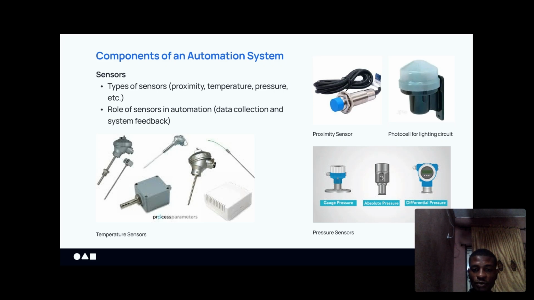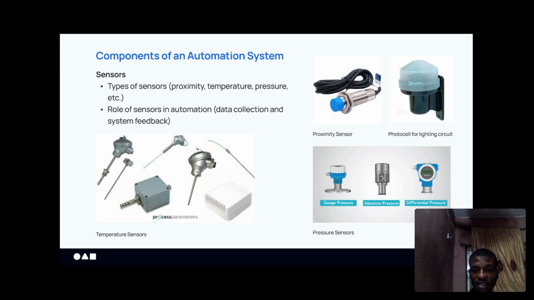We use it to detect those devices, maybe like a paper or a plastic cup. That's what we use the capacitive proximity sensor to sense. So once the paper gets to that point, it senses the presence of the paper and it sends a signal to the controller. Then we have the temperature sensor.